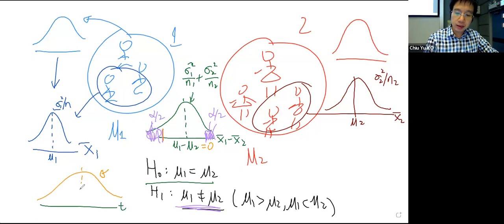And suppose the general case is we don't know whether sigma 1 equals sigma 2. In the general case, we use S1 square and S2 square: S1 square estimates sigma 1 square, S2 square estimates sigma 2 square. And this is T with degrees of freedom V.